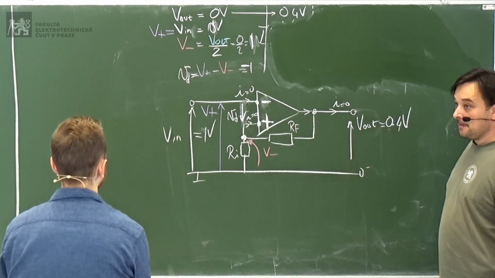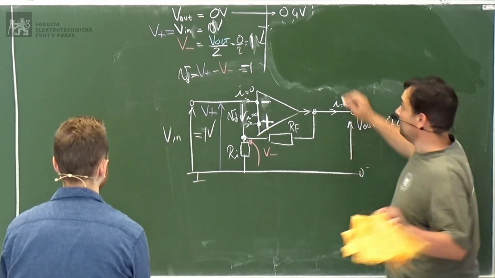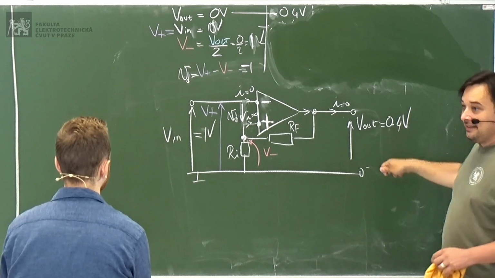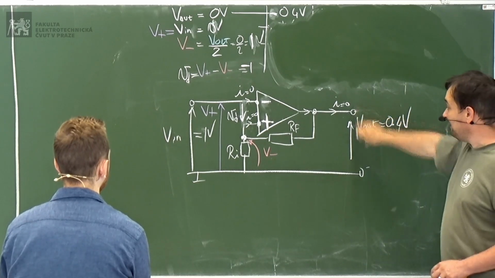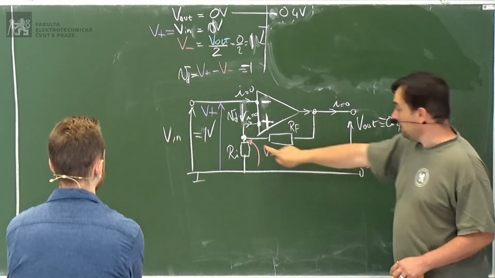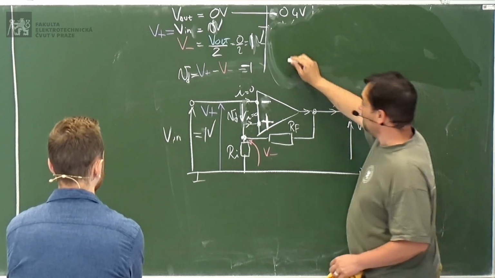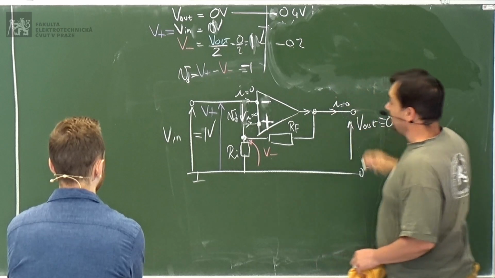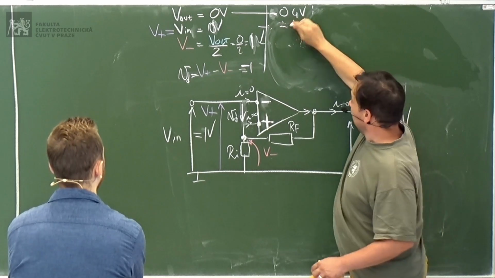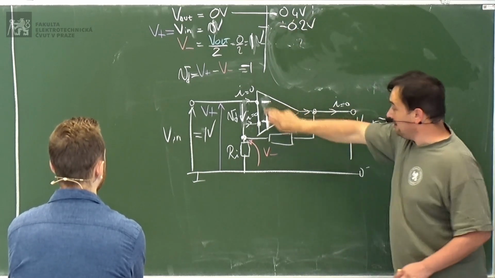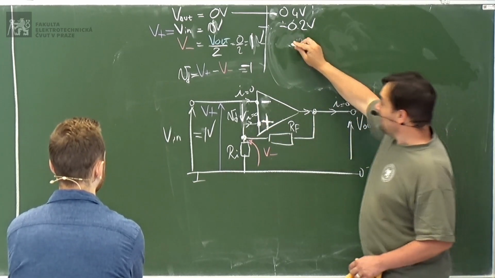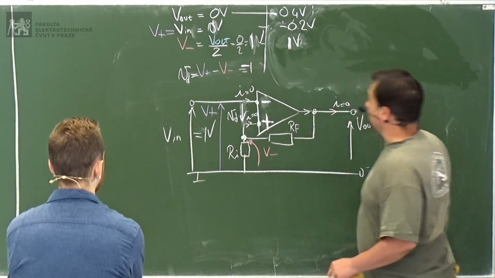Negative means that I have to give a negative output voltage, so I decrease the output. If I decrease the output, I have negative 0.4 volts here and negative 0.2 here. But this is not V minus anymore. This is V plus, because now this is connected to the plus, not to the minus. And here I still have 1 volt.